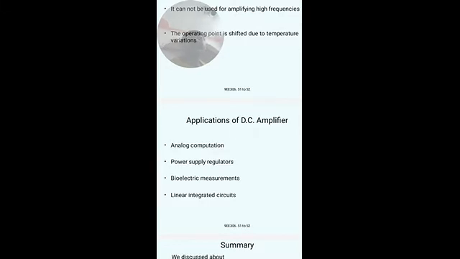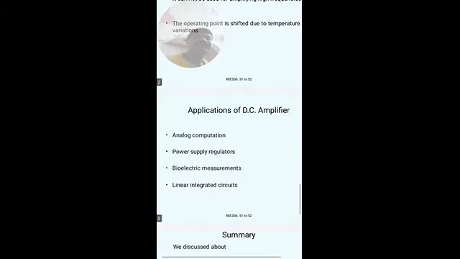Direct coupled amplifiers are used in bioelectric measurements like amplification of ECG and EEG signals, where the signals are very low frequency signals generated in the human body, which we amplify using the direct coupled amplifier. Linear integrated circuits also use this direct coupled amplifier.